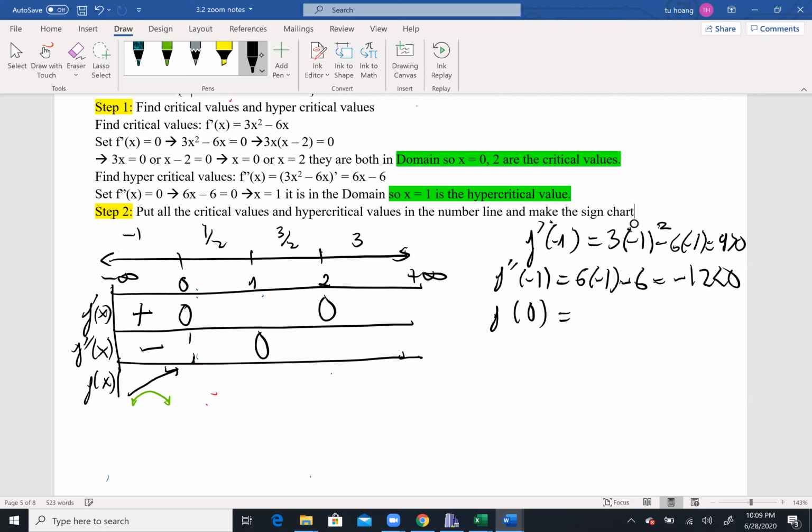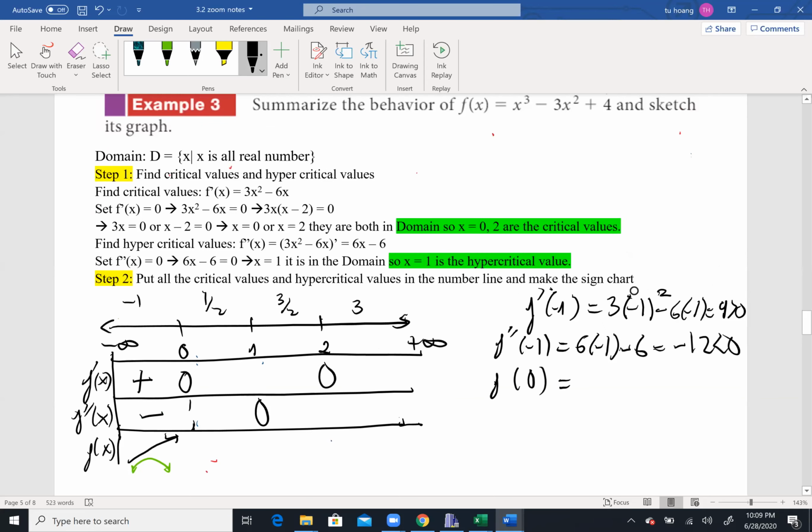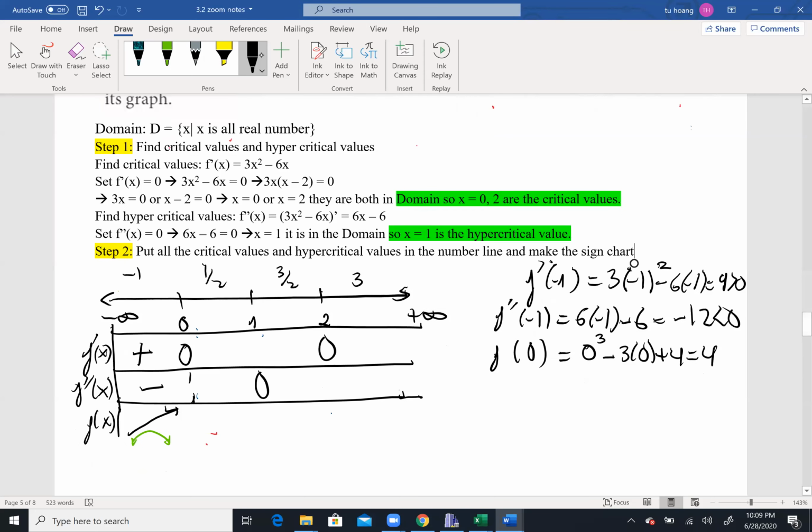What happened, right? We know that f(x) equals x cubed minus 3x plus 4, so f(0) equals 4. So here is 4. Okay. And now I'm going to move to the next interval.